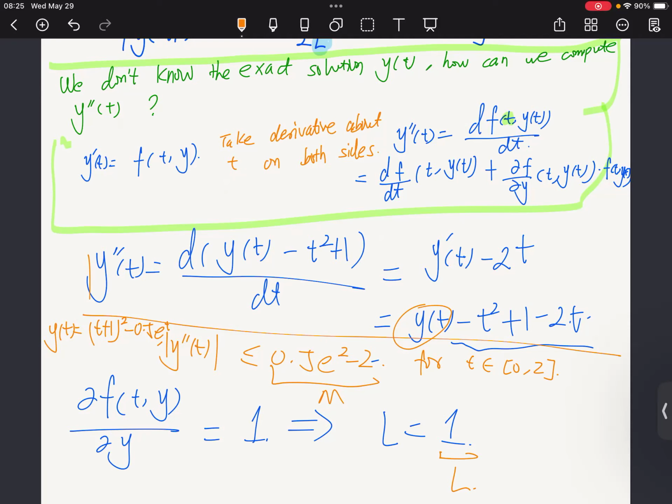If you take a look at the chain rule in multivariable calculus, you will figure out that the derivative should be the derivative of f with respect to the t variable only, plus the derivative of f with respect to the y variable, times the derivative of the y variable with respect to t. And the derivative of y with respect to t is equal to f(t, y(t)). So we have this here.